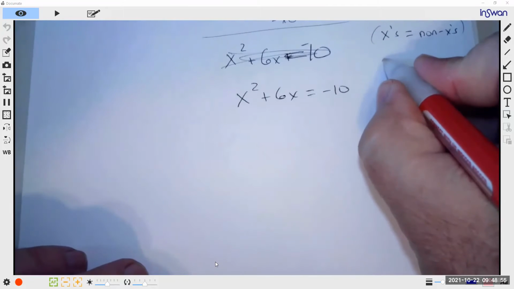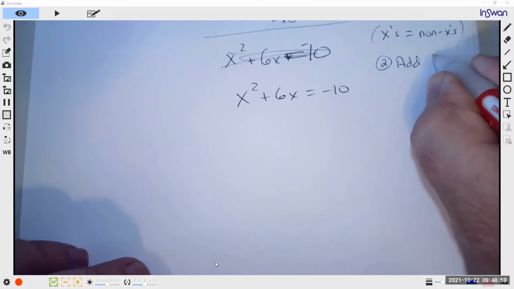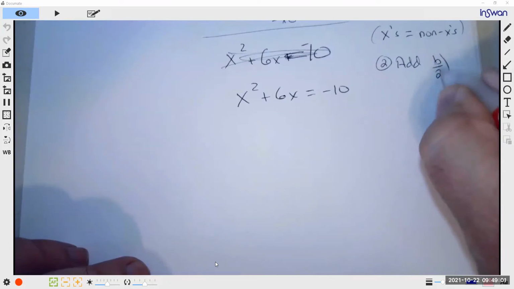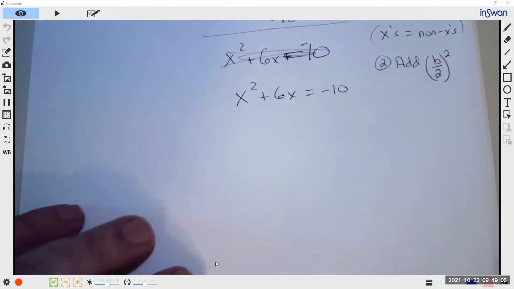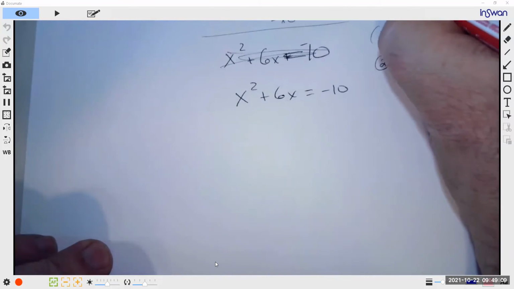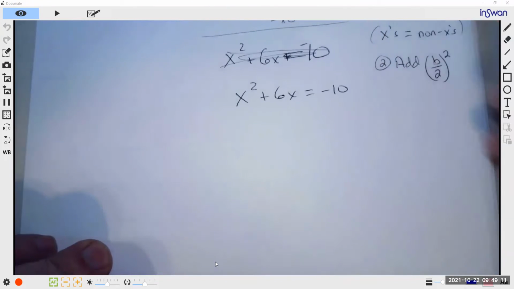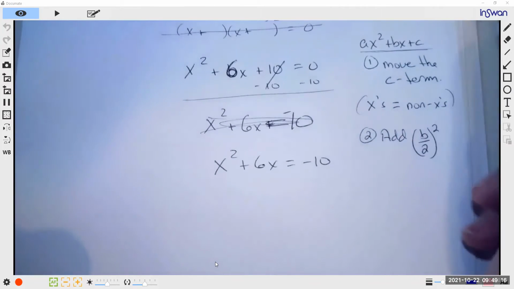Second step: add b over 2 squared to both sides. Remember, the quadratic equation has this form.